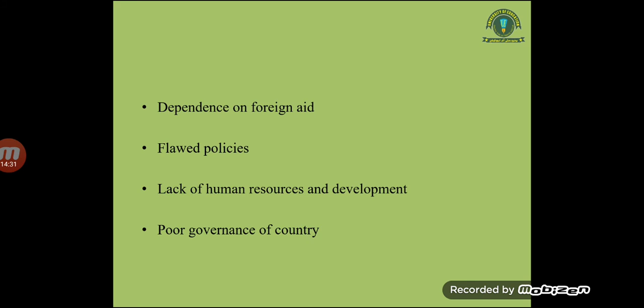This dependence on foreign aid is also exploited over natural resources. The external factors also exploited natural resources. Flawed policies also affected our natural resources. Another main thing is the lack of human resources and development.